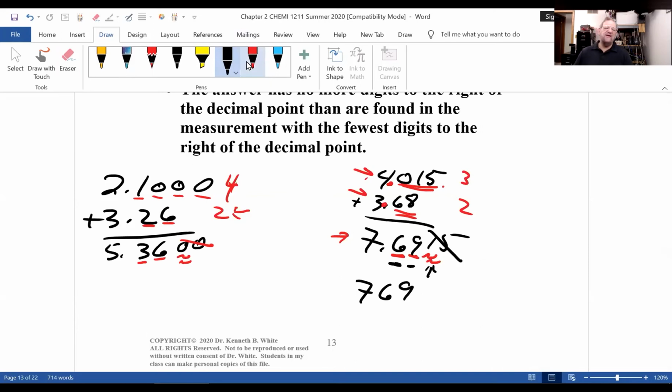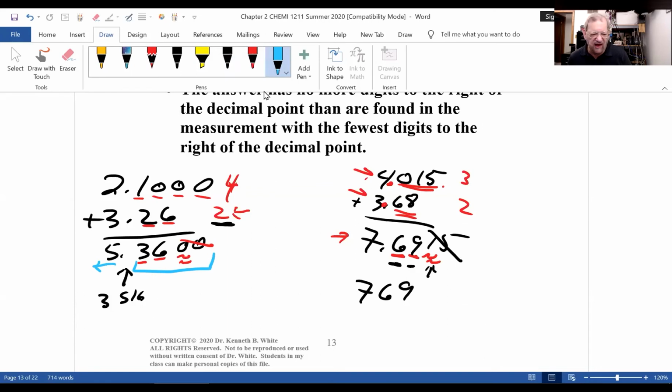Now, let me clarify something. When we're looking at addition, even though this number total has 3 significant figures, when we're adding, I only look at the number of significant figures past the decimal.